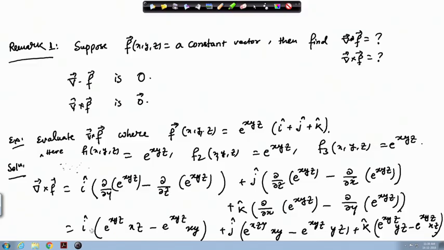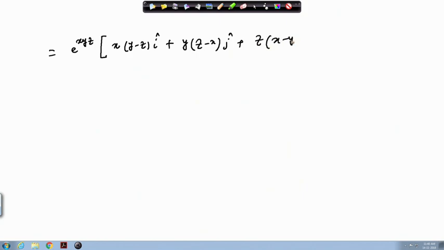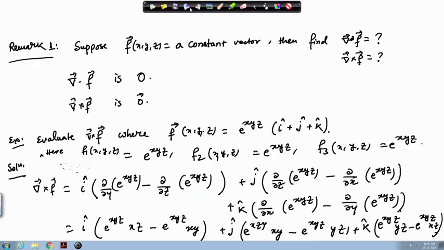So, this will be basically e to the power xyz common, and then we have x times y minus z times i plus y times z minus x times j, and this will be z times x minus y times k. Did I do it correctly? Y common, then this will be x minus z, and that will be y minus x.